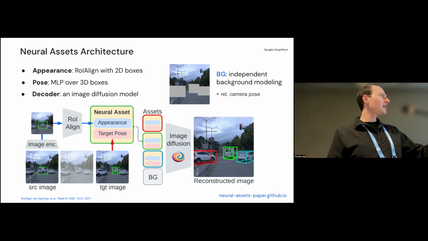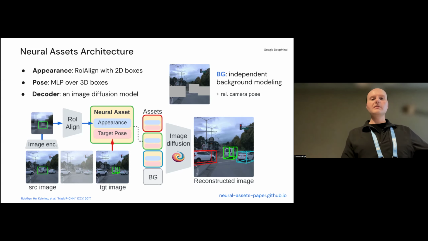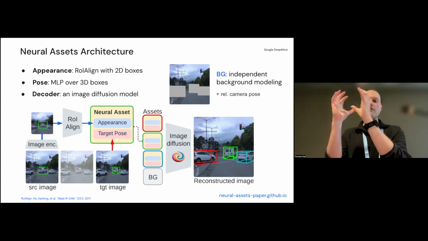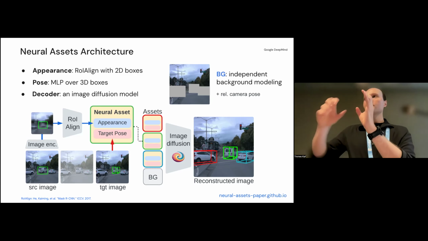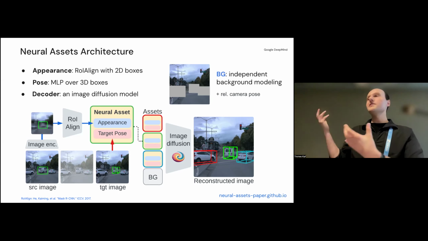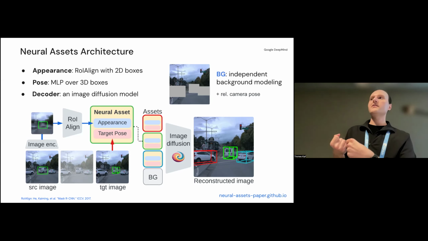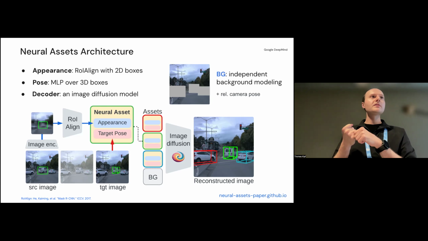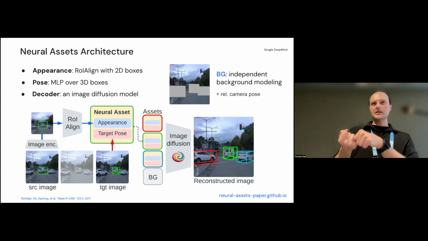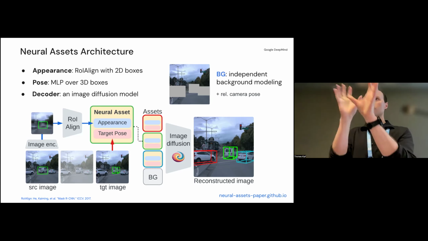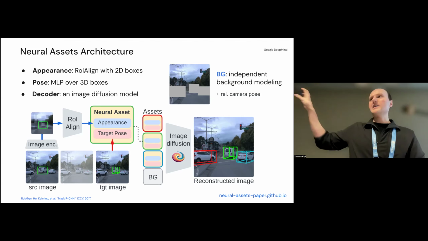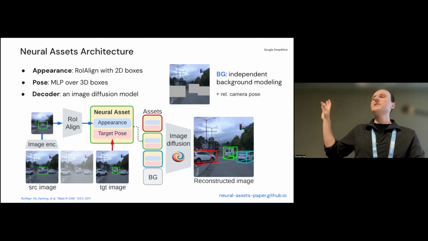ROI align really is just a stopgap solution here. It has a lot of problems. You basically just say everything within this 2D bounding box is going to be relevant for the asset, which in practice it's not, because you get some background in there. So you ultimately do want an attention-based mapping to go from this grid-based image representation to these asset representations. And we just don't know what the best mechanism for that is.